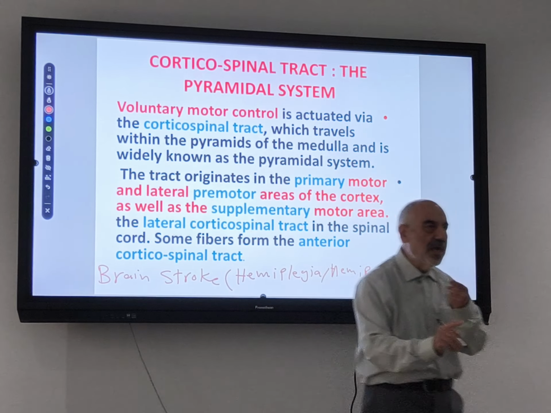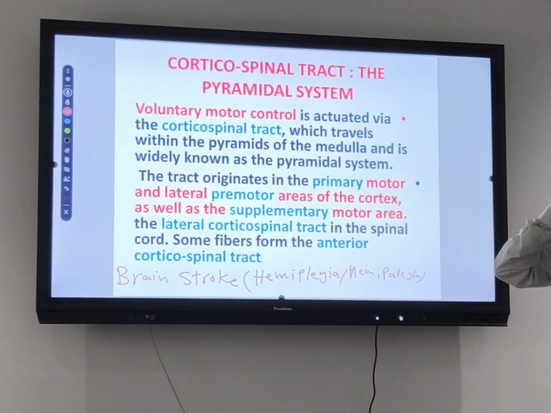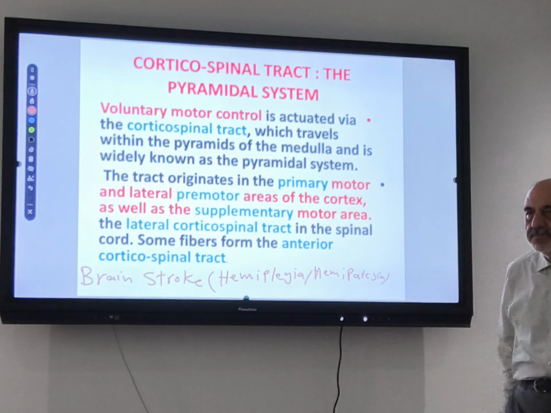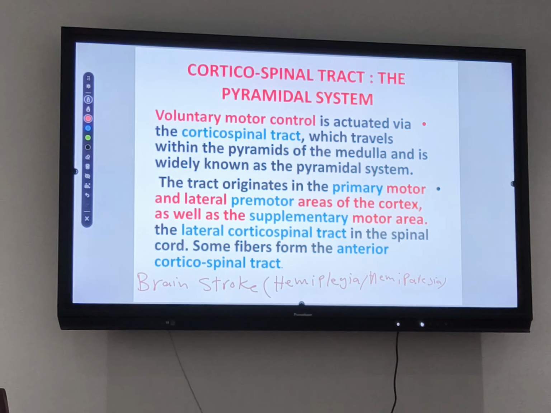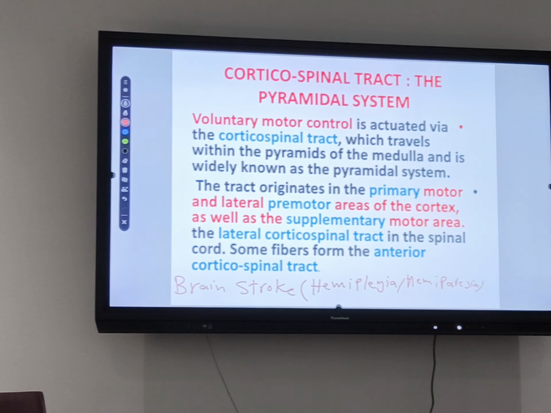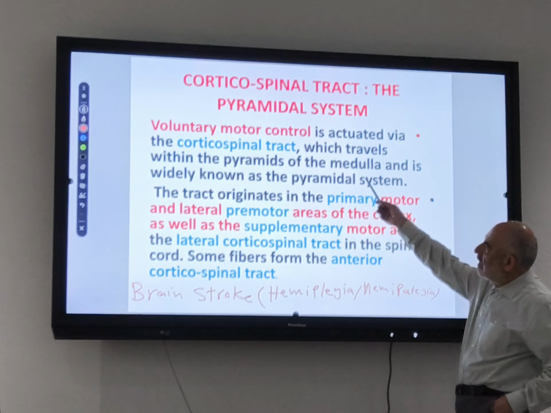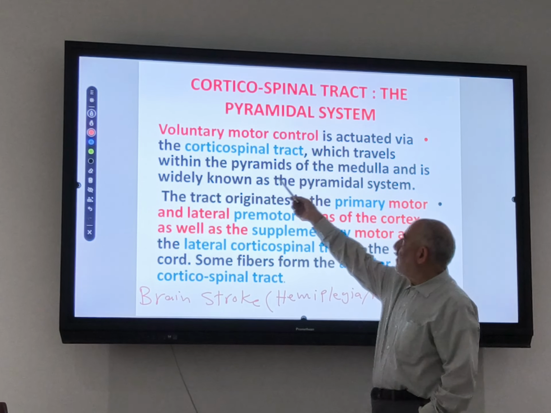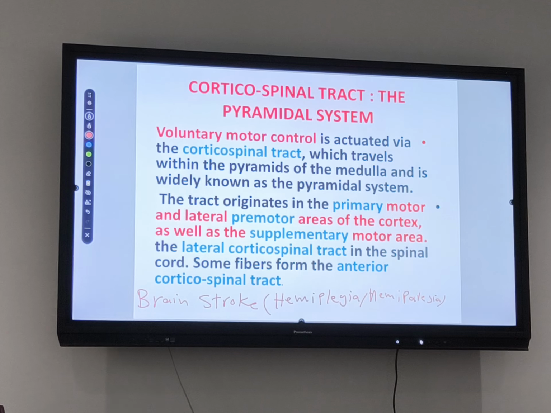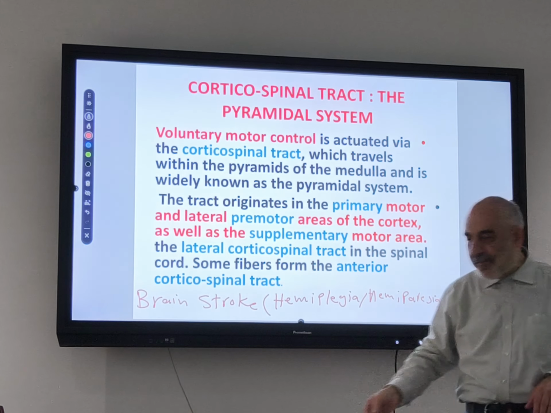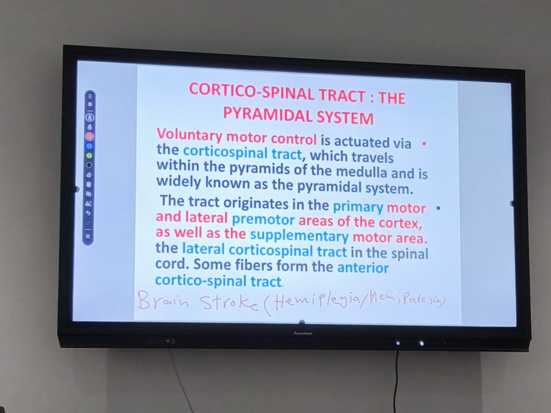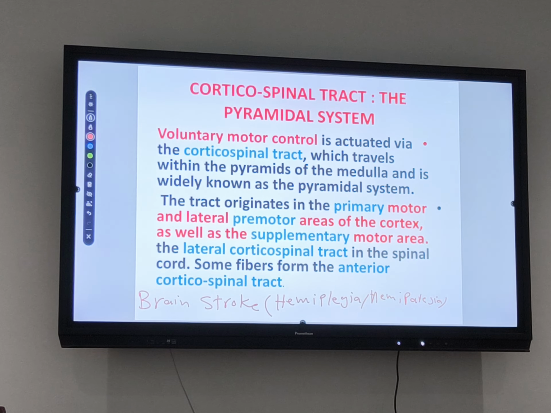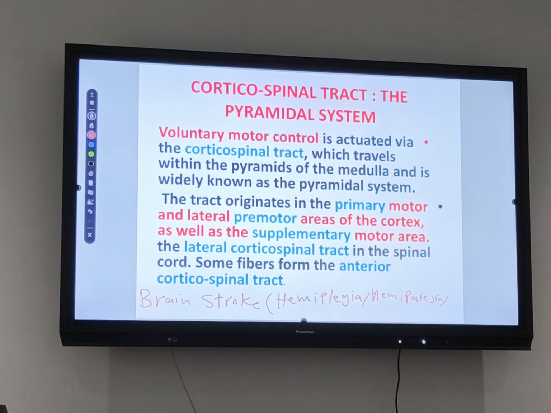In hemiplegia and hemiparesis, the corticospinal tract is suffering. Maybe it's severe, maybe it's mild. The tract travels between the pyramids of the medulla. The medulla is a part of the brainstem. The brainstem has three parts: medulla, pons, and midbrain.